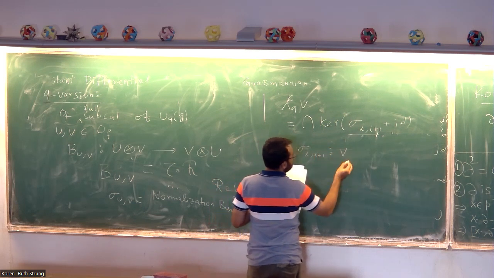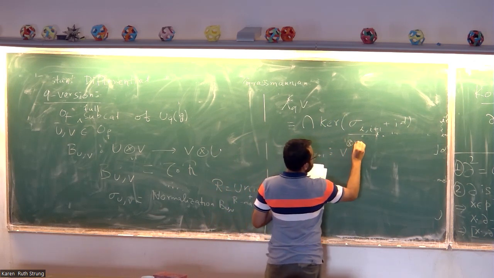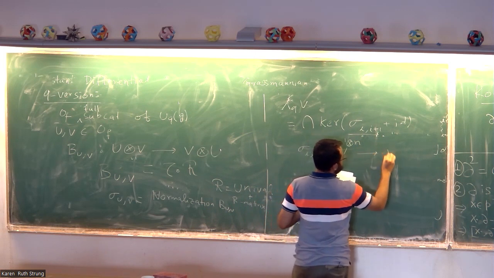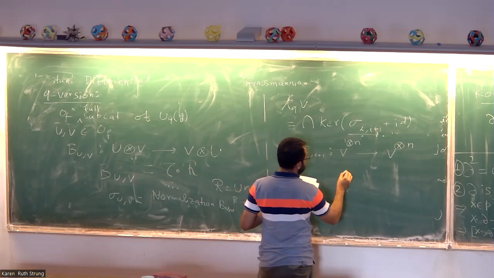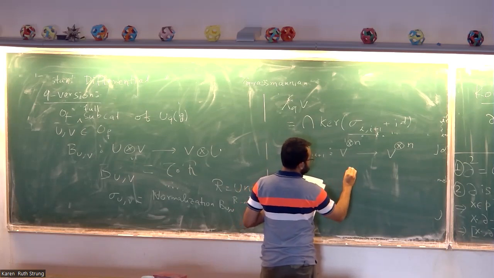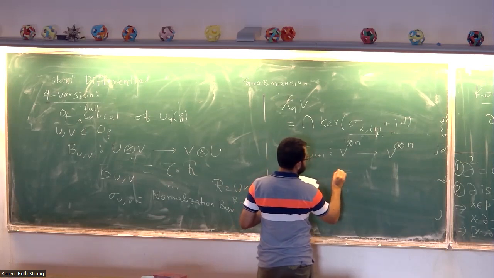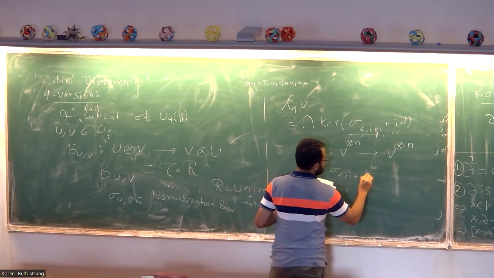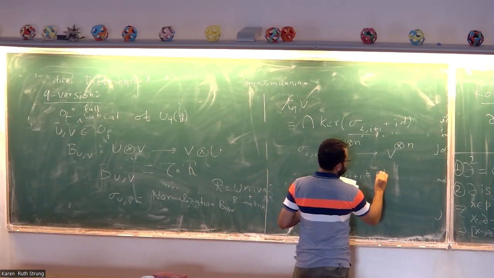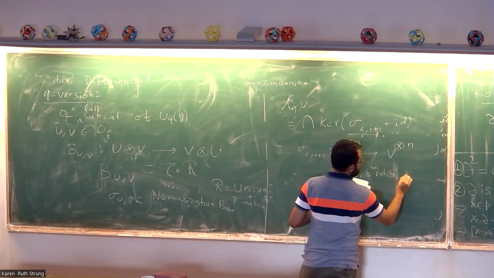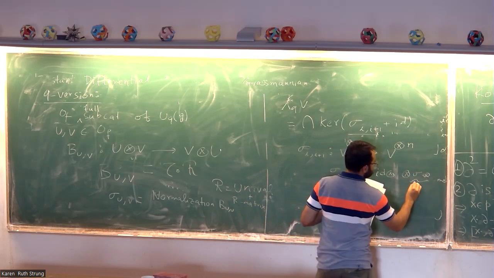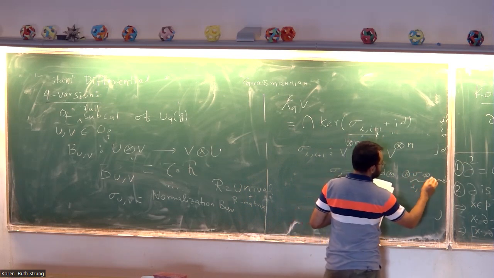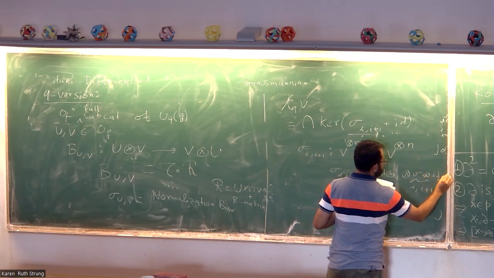We are defining it on the nth tensor power, where the change happens at the ith place. So sigma i,i plus 1 is given as the identity tensor dot dot dot tensor sigma, appearing in the ith and (i+1)th places, and the rest is the identity.